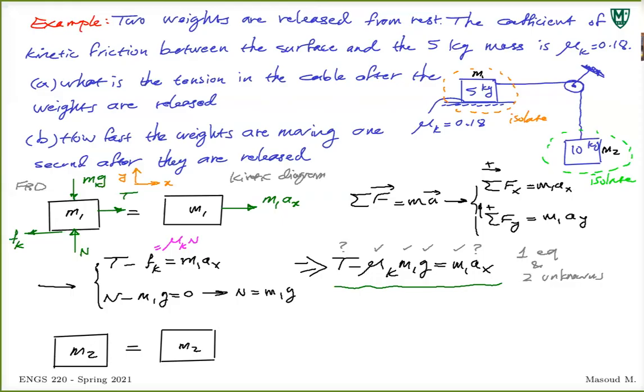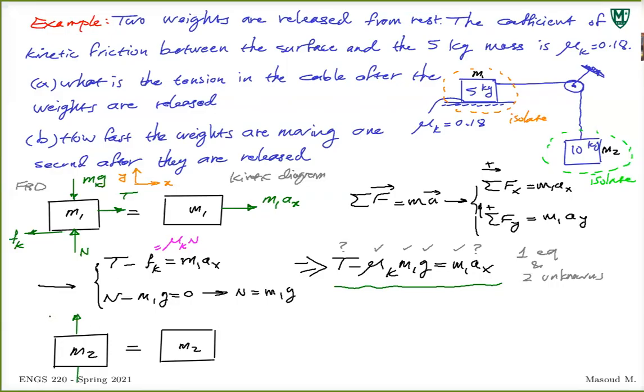So forces, what forces do I have on M2? Looking at the free body diagram, out of those 5. Tension upwards, weight downwards. Exactly, Rich. Thank you. So tension upward, weight downward. I got into the limit of my board here.